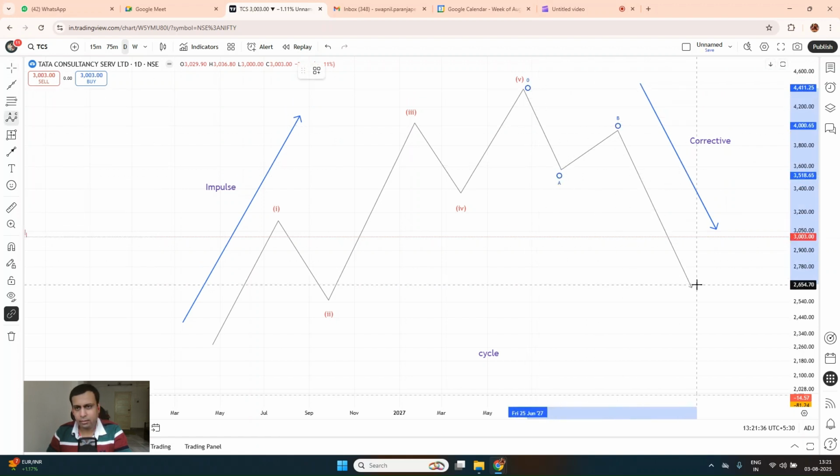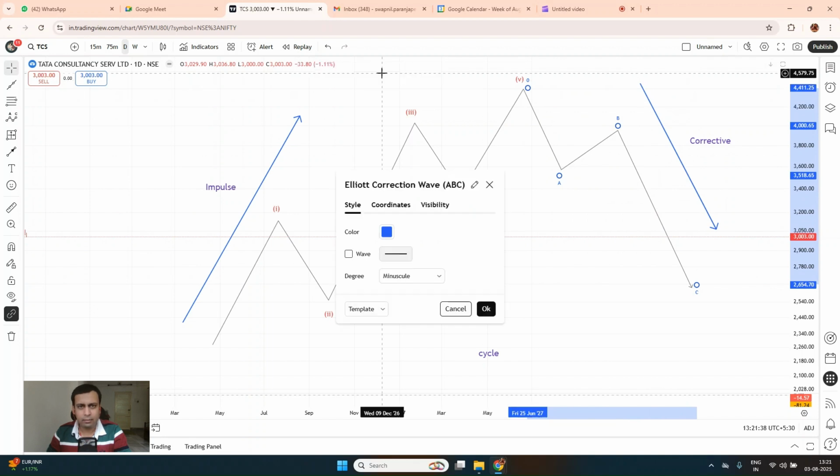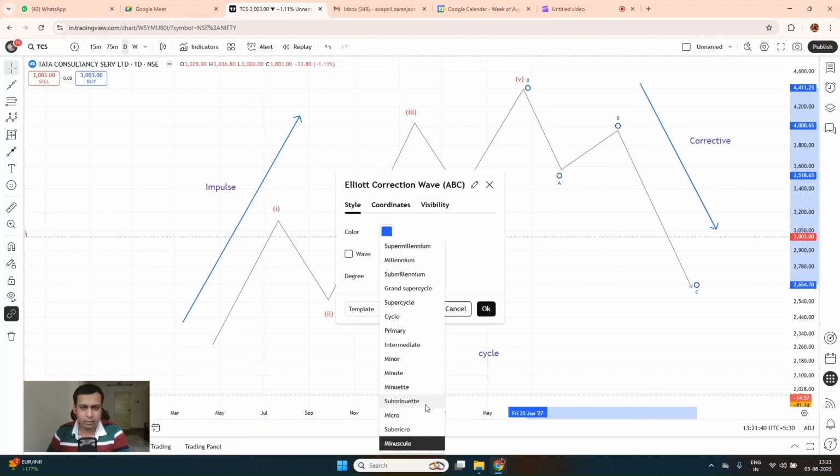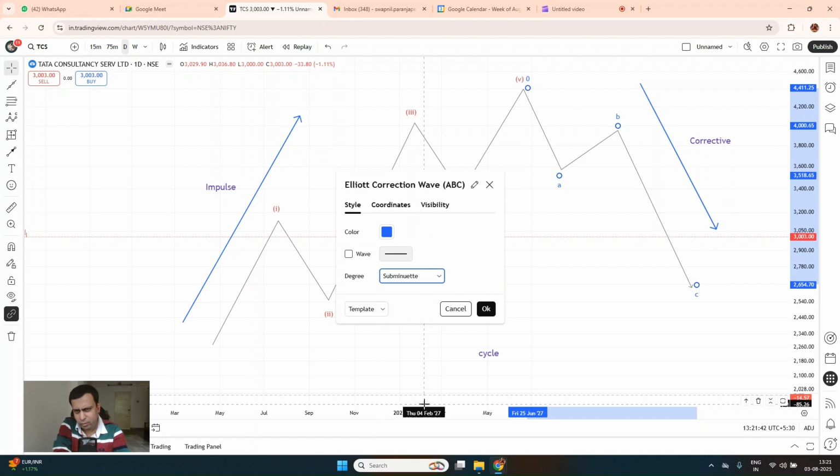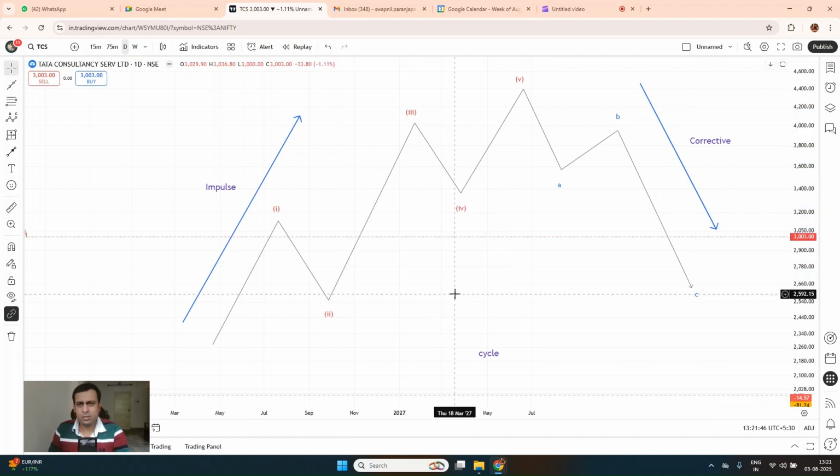Usually, again, things vary, and they get longer waves, they get bigger waves also. We'll see that in the subsequent parts of this series anyway. So this entire impulse in one direction and a corrective in the other direction is a repeating unit in Elliott wave, and these are the building blocks of any kind of people participation.